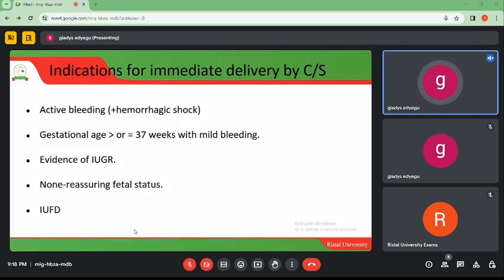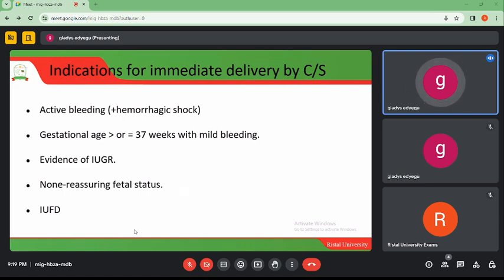So we can decide that this baby be delivered immediately by cesarean section, so that we can save the baby. Then non-reassuring fetal status: if the baby is having a non-promising fetal heart, then we can also deliver this baby by cesarean section, because we want to save the baby. Then there is IUFD, which is intrauterine fetal death.